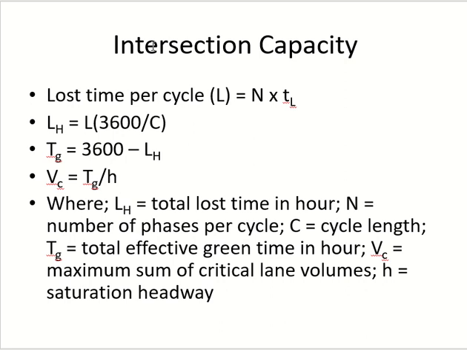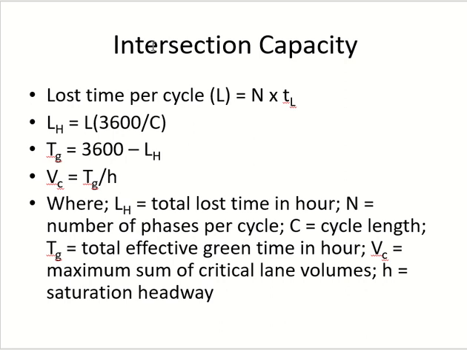Then I want to calculate the loss time for the entire hour. So C is my cycle length, time taken for one cycle. If C is the cycle length, time of one cycle, then 3600 upon C is what?